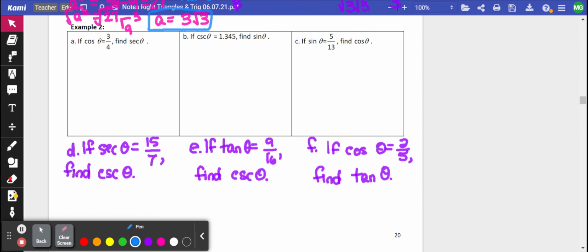Okay, so I wonder how many of you are having trouble with this example. Example 2, so let's take a look at it. It says, if cosine of theta equals 3 over 4, we have to find the secant of theta.